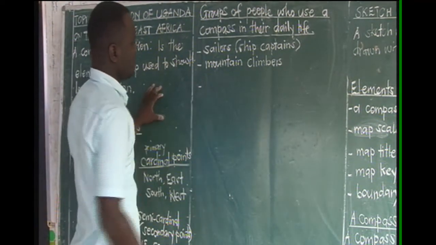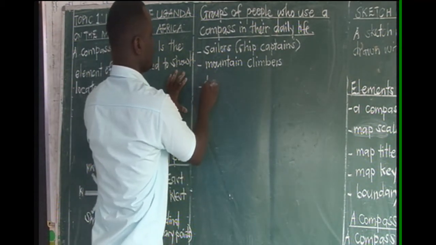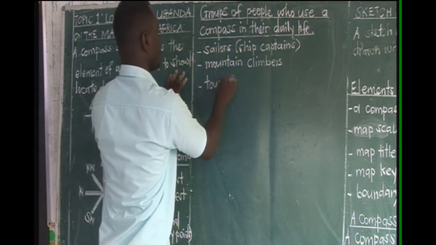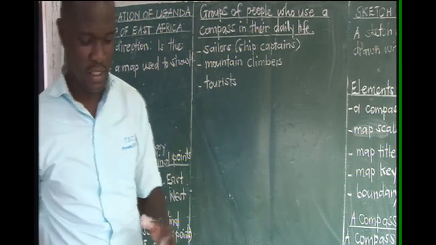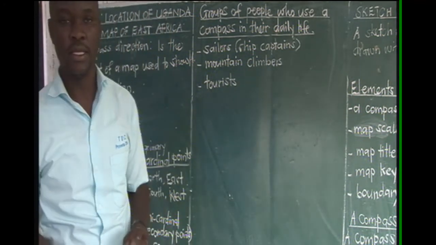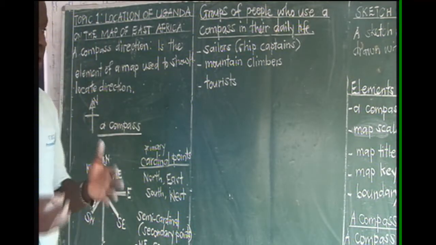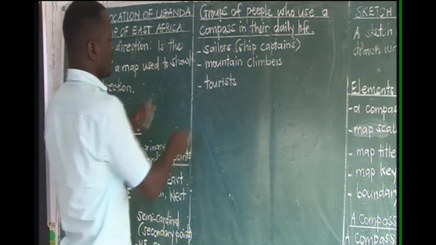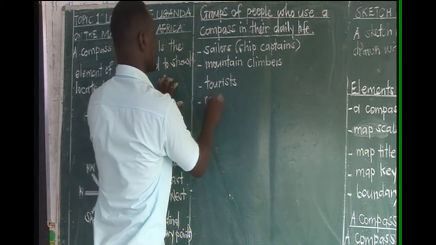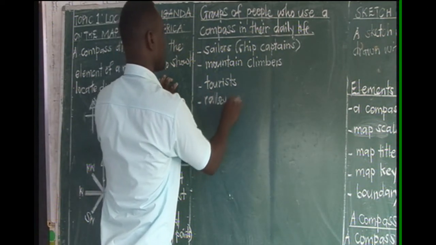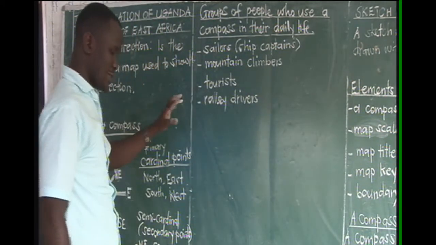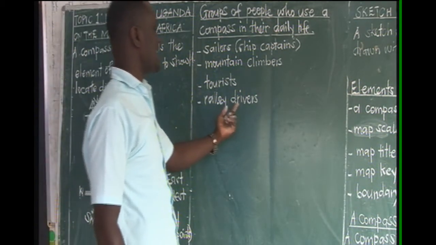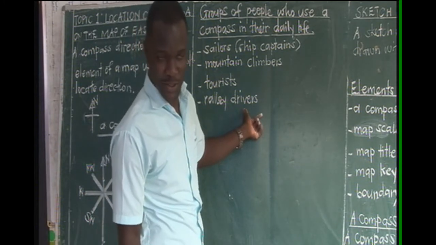Then the other one, we have tourists. Those are people who go and visit some areas. Sometimes they need a compass to guide them, to give them directions on where to go. Then we have rally drivers. This one, in case you are given to write and you only write there drivers, we shall cross you.